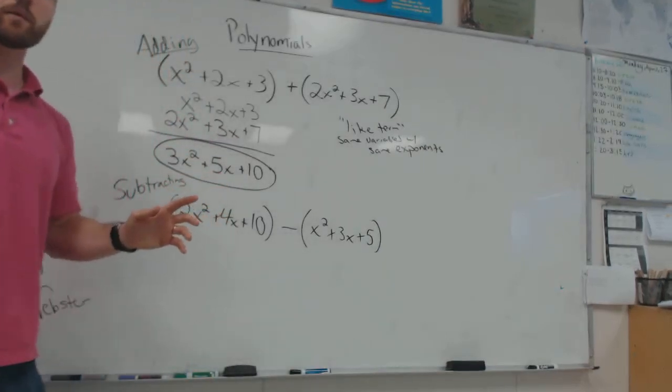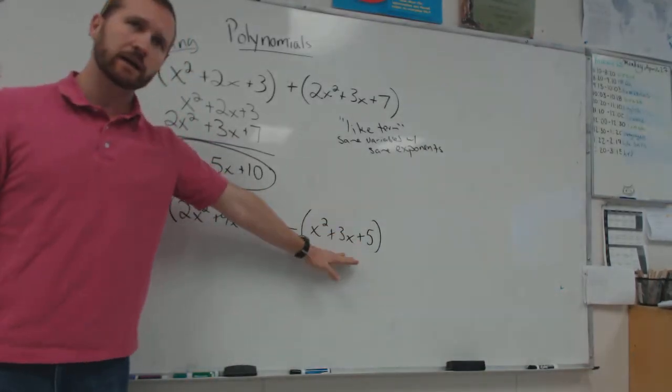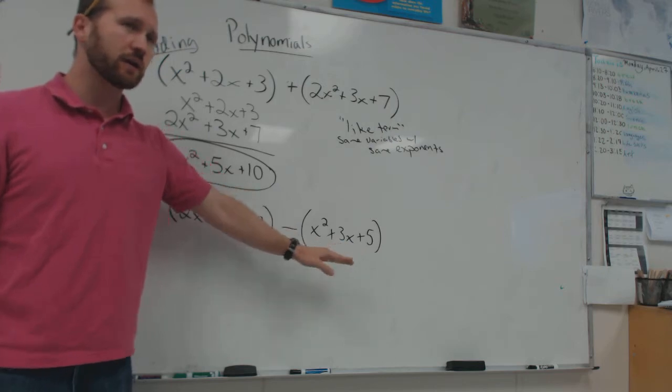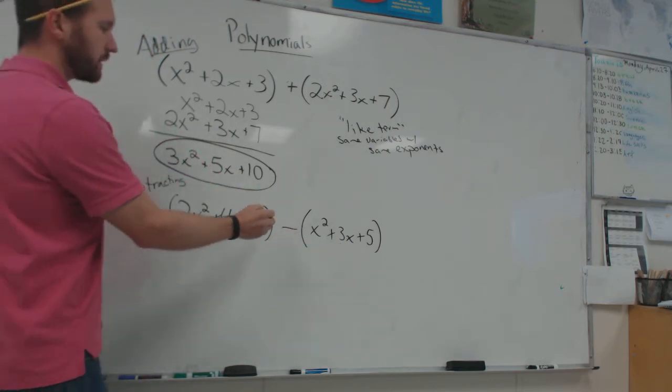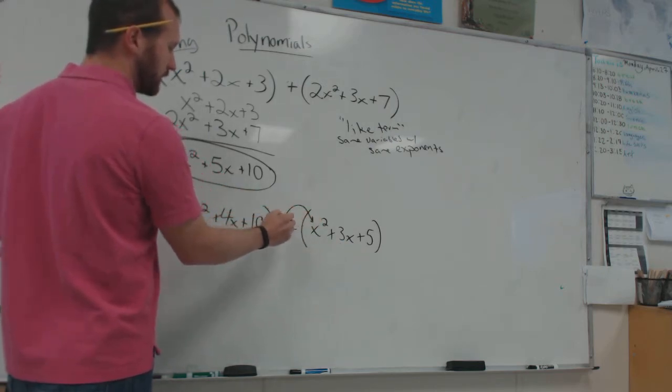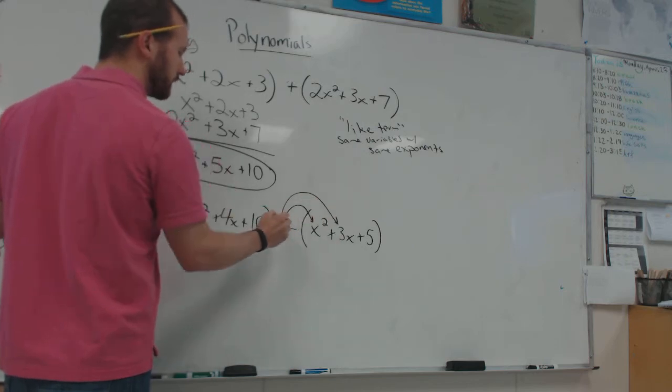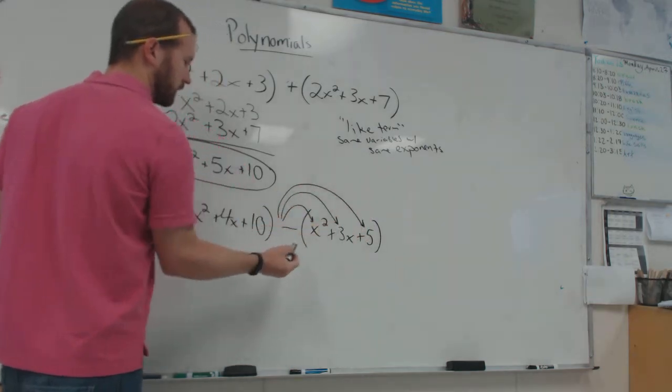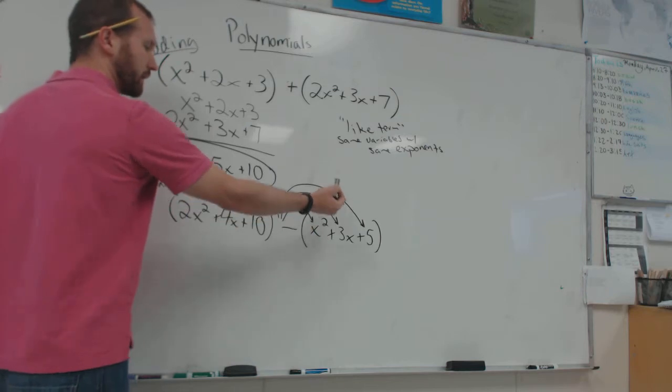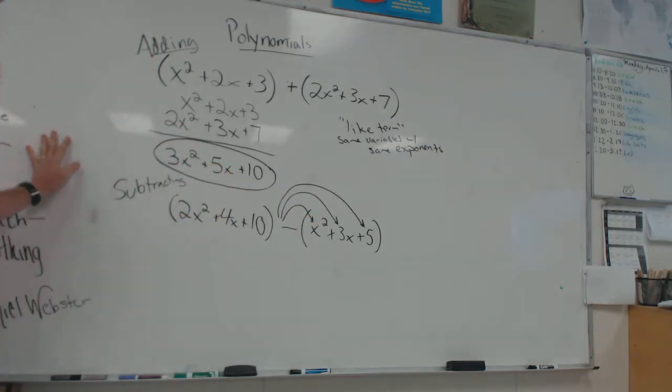The key thing to remember if we're subtracting this entire polynomial, this entire trinomial, is that the minus applies to everything in the parentheses. What property is that called? The distributive property. I'm distributing my minus sign.